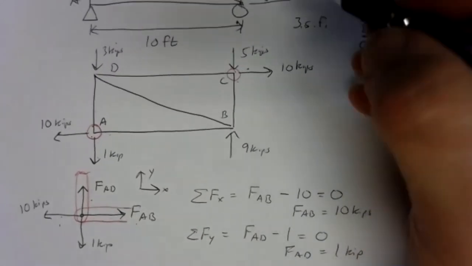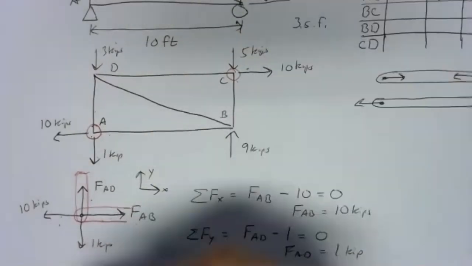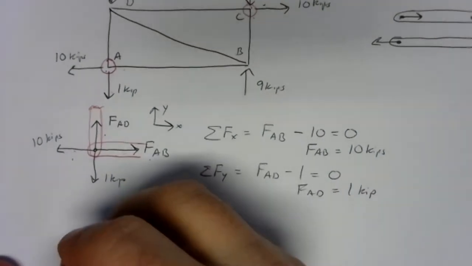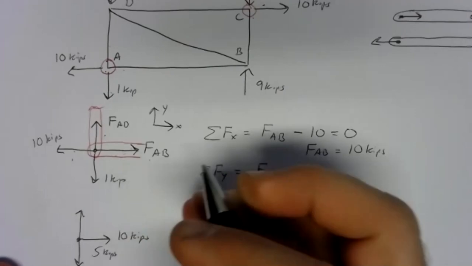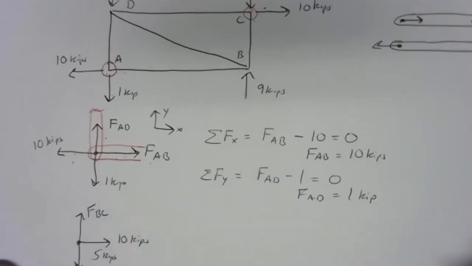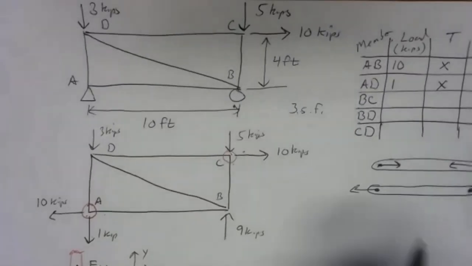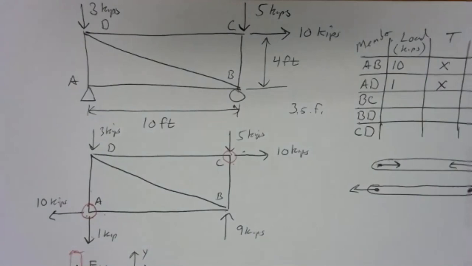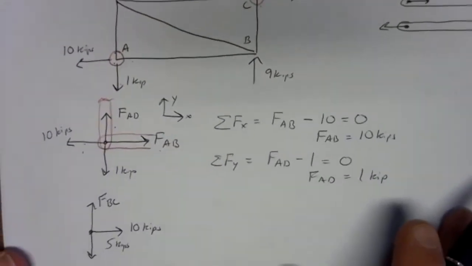Then we've got member BC. Well, the simplest way to draw that in this free body diagram is to draw it as pulling up or pushing up. So this will be FBC. And for member CD, the easiest way to draw that in is if it's pulling to the left.